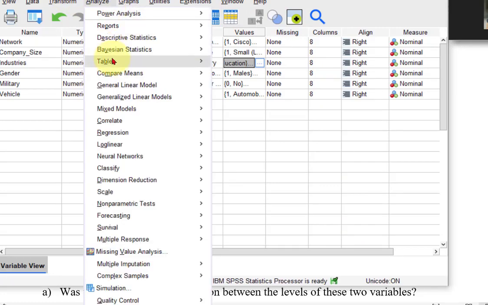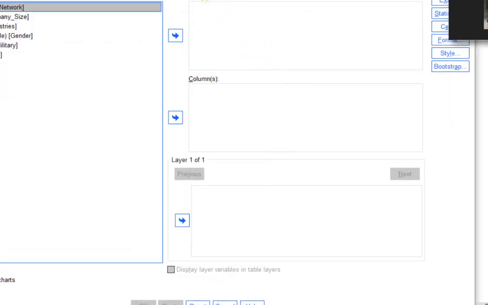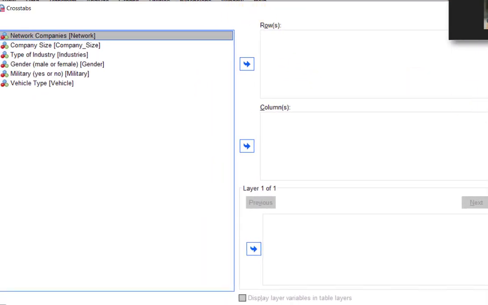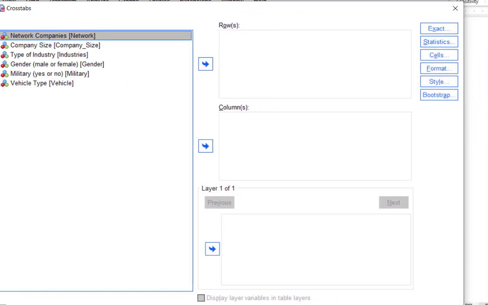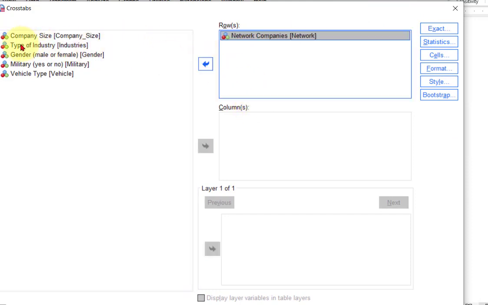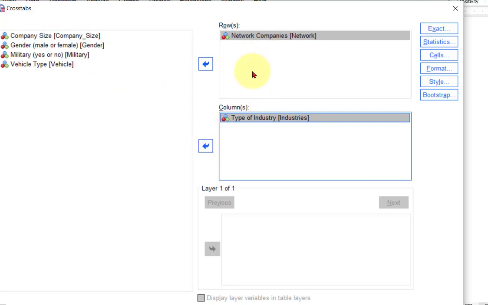Go to Analyze, Descriptivos, crosstabs, and let's get everything in this box here. And move my zoom thing. So we do the networks in the rows and type of industry in the columns. Doesn't matter, we can do it backwards and forwards. So we're going to start picking some stuff we want.